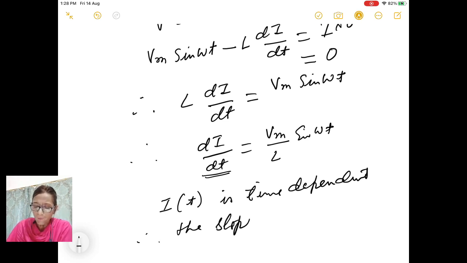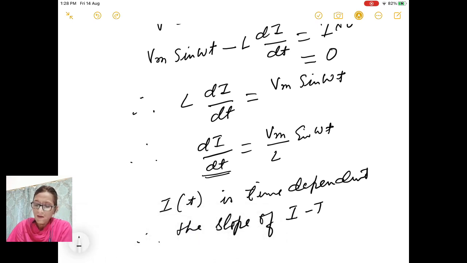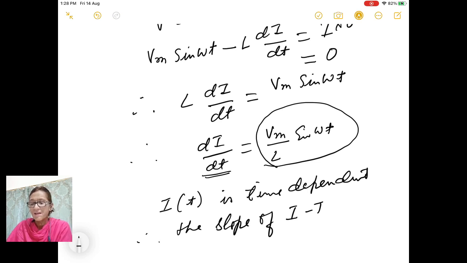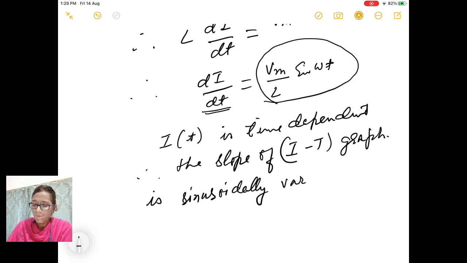So the slope of the I-t graph, here you can see, is a sinusoidal varying quantity. It has a term of sine theta. So the slope of the I-t graph is sinusoidally varying.